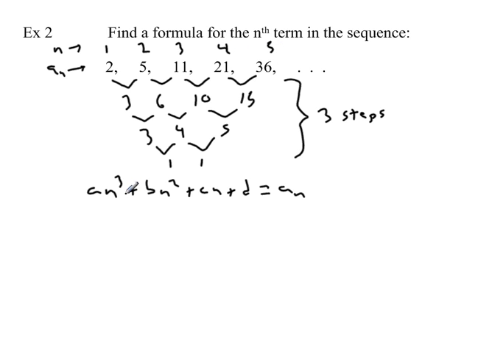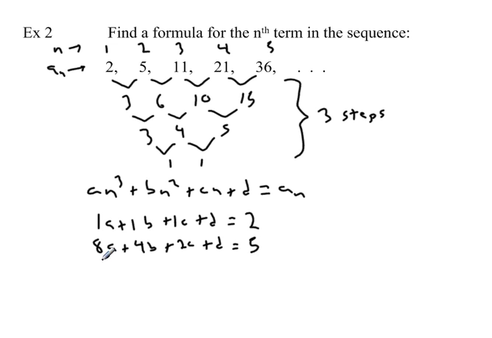Now since we have something to the third, we're going to need 4 equations. If we plug 1 in place of n, we get 1a plus 1b plus 1c plus d equals a sub n, which is 2. Next term, plugging 2 in there, 2 cubed is 8, so we get 8a plus 2 squared, 4b, plus 2c plus d equals a sub n, which is 5.